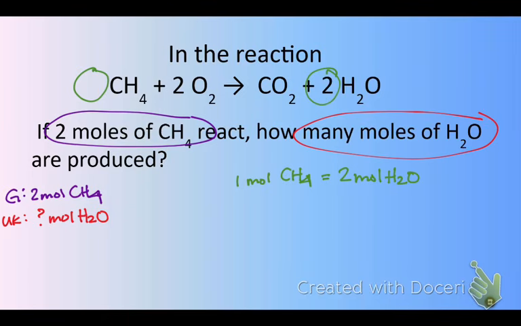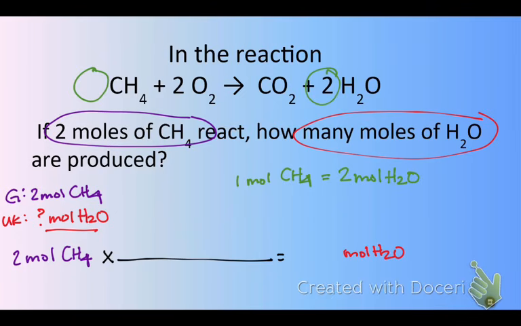Now we can set up our equation. So our given is 2 moles CH4. I have to multiply that by a conversion factor to get our answer, which is moles of H2O. The units I want go on top. So moles of H2O is going to go on top.